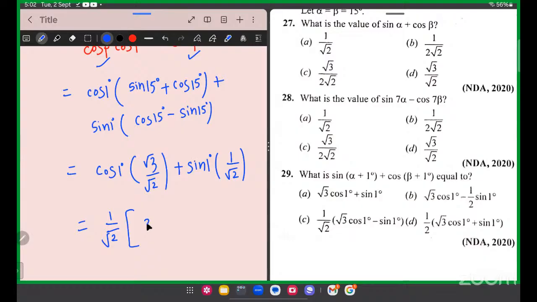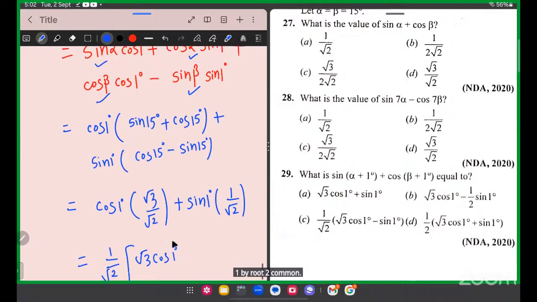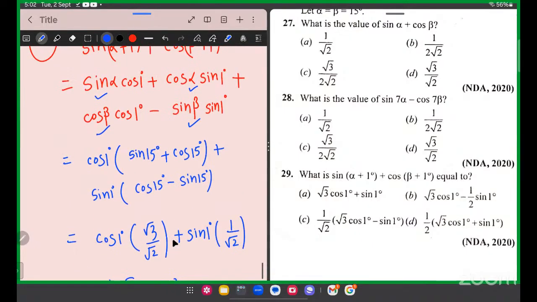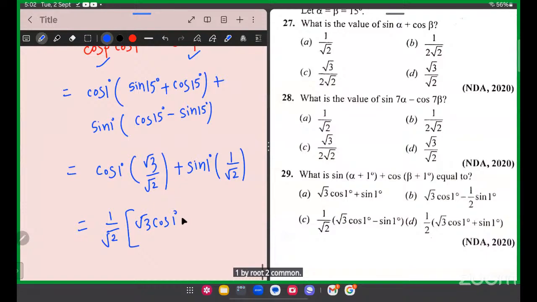And here, root 3 cos 1 plus sine 1 only. So I hope you understood. So D should be the right answer, but root 2 should be there. I hope it is clear. Very easy.